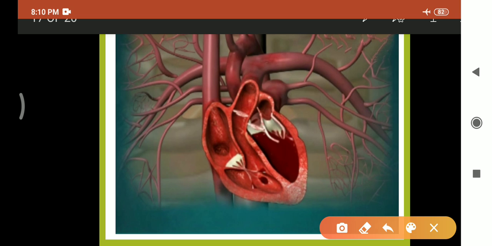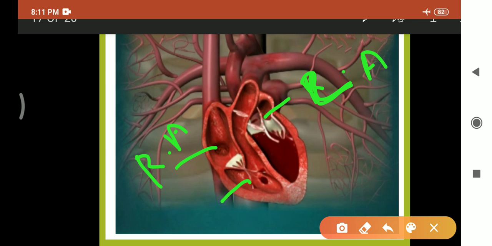Okay, so what happens here? The right atrium and the left atrium are both contracting together, so blood enters both at the same time. Both atria contract in the same way.